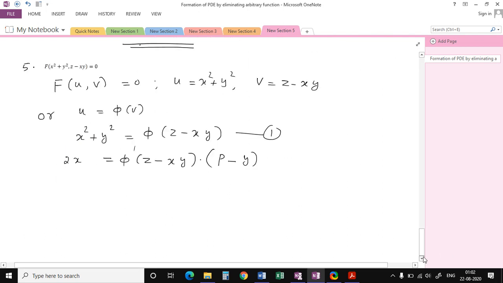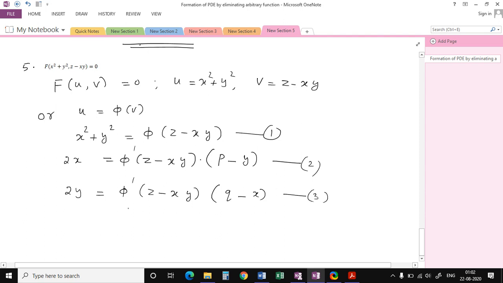Now the second equation is obtained by differentiating 1 partially with respect to y. So you will get 2y equal to phi dash of z minus xy into derivative of z minus xy with respect to y. So that you will get q minus derivative of xy, that is x, with respect to y. So we will take 2 and 3.